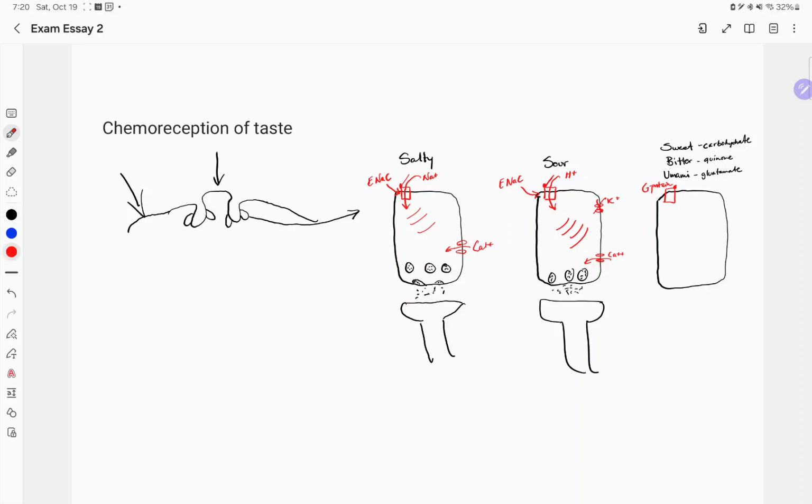So when that ligand binds here, it sends off an alpha subunit to activate phospholipase. And that enzyme will release increased amounts of IP3.